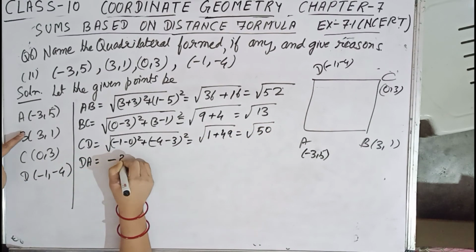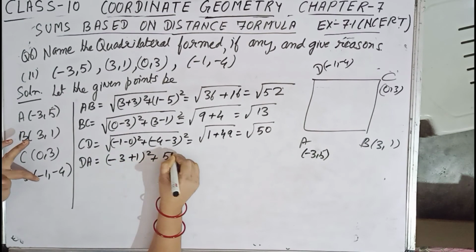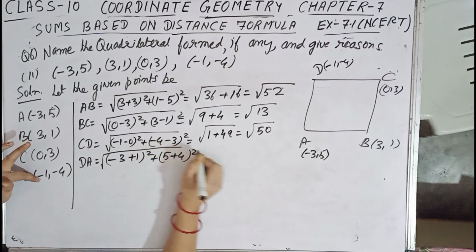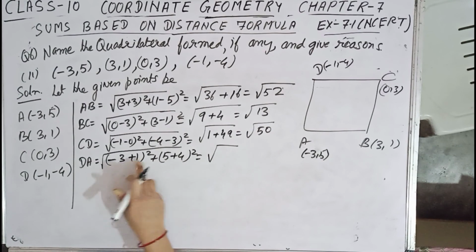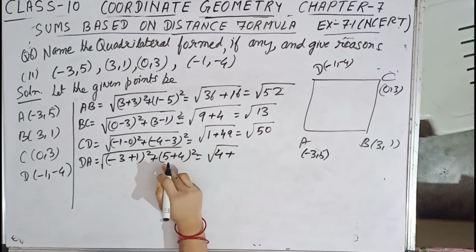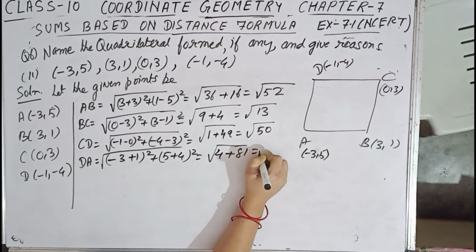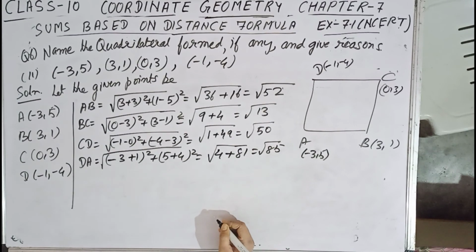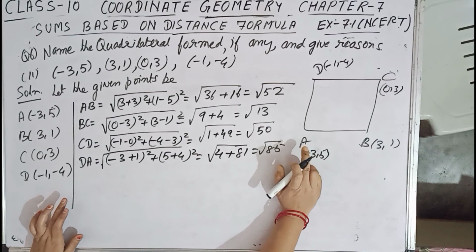DA is equal to the square root of (minus 3 plus 1) square plus (5 plus 4) square. So this will be minus 3 plus 1 is minus 2, square is 4, and 5 plus 4 is 9, 9 square is 81. So this will be the square root of 85. So we can say over here AB, BC, CD and DA.